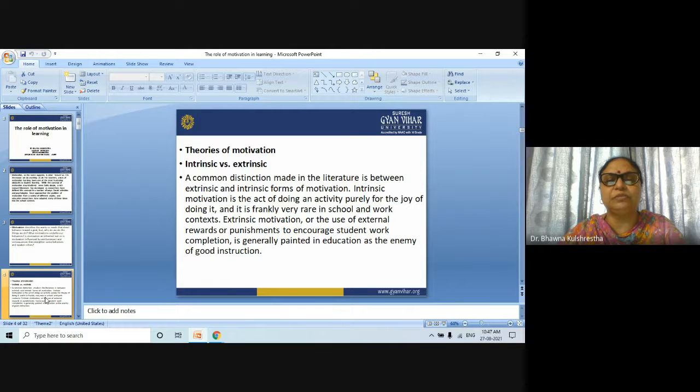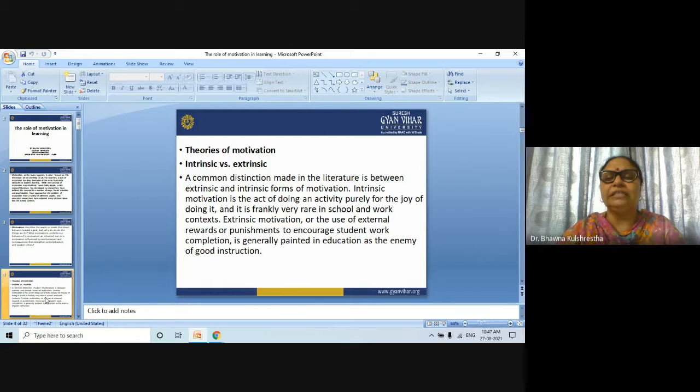Extrinsic motivation, or the use of external rewards or punishments to encourage student work completion, is generally painted in education as the enemy of good instruction.